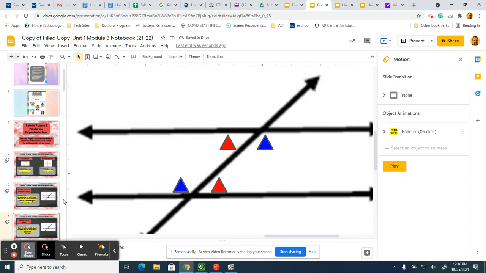So notice the difference between the last set that we had. Okay. These angles are exactly the same. These angles are exactly the same. Here's the first set we looked at, same side interior, and now we have alternate interior.